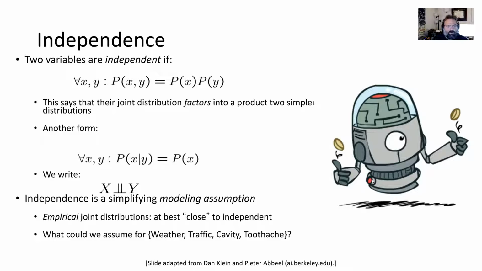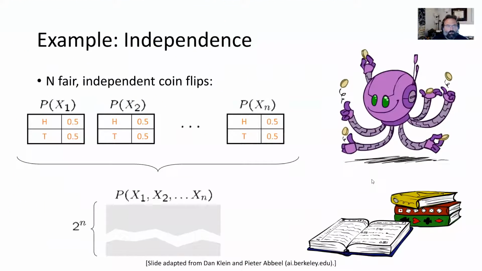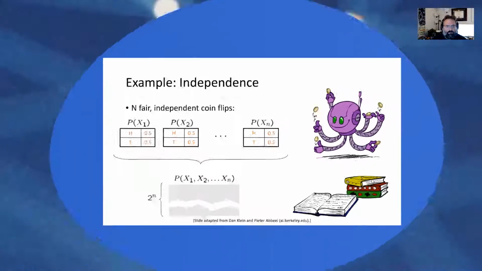Another way of saying it: for all X and Y, the probability of X given Y is equal to the probability of X. So what that's saying is that Y is not contributing to that probability combination at all. And the notation for writing it is given there as well. Again, the point of this topic is to give you a high level overview of the field, not to make you a statistical expert in this topic, and an example of independence.